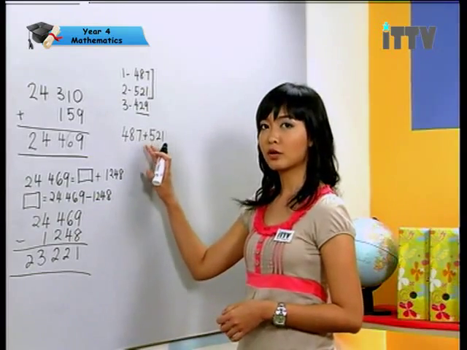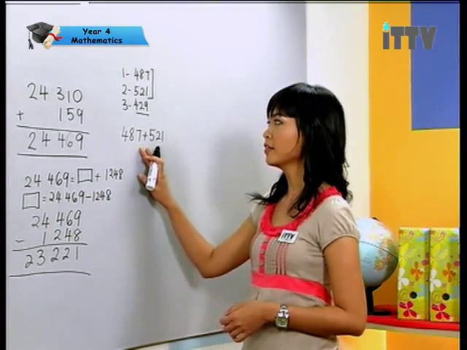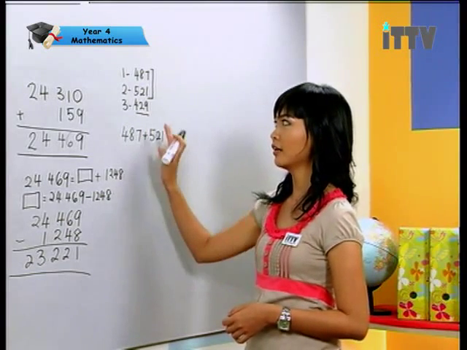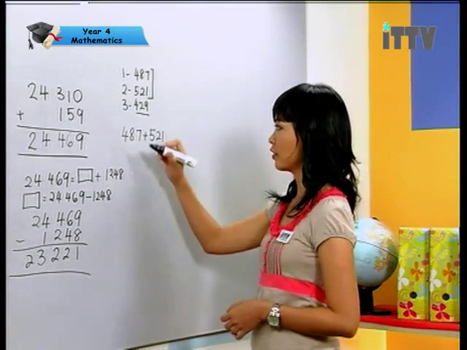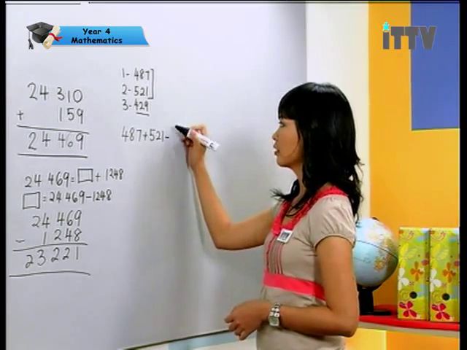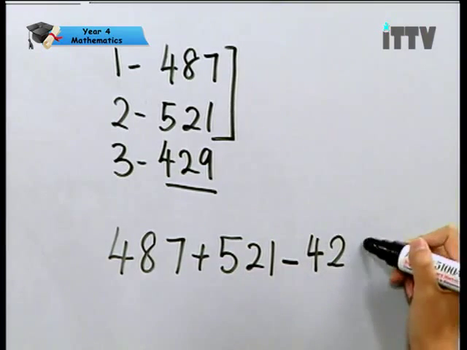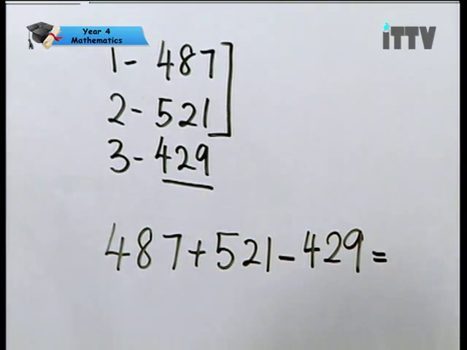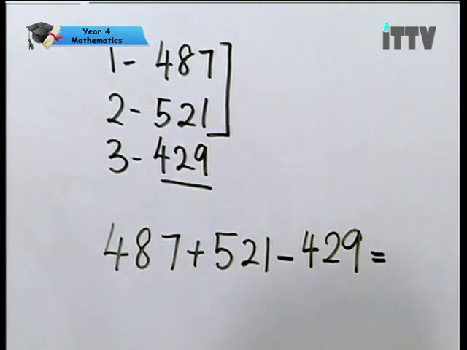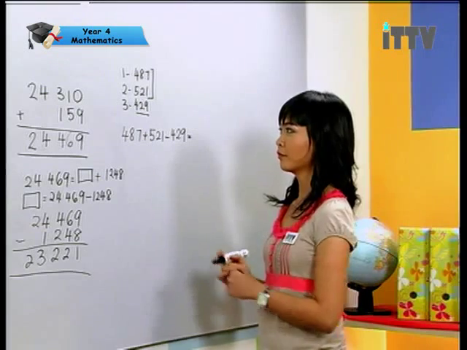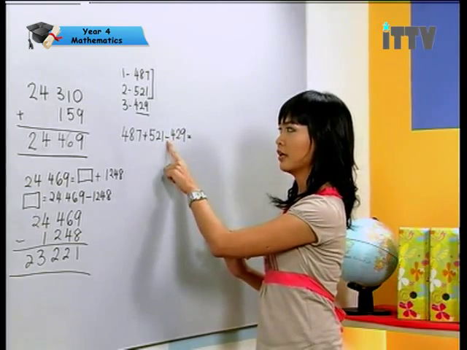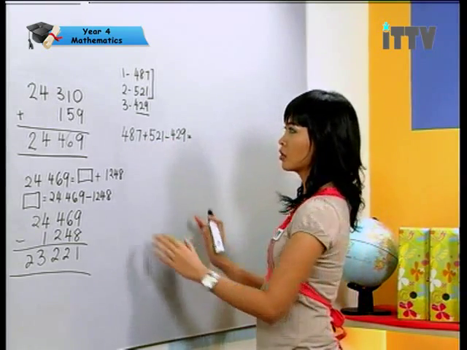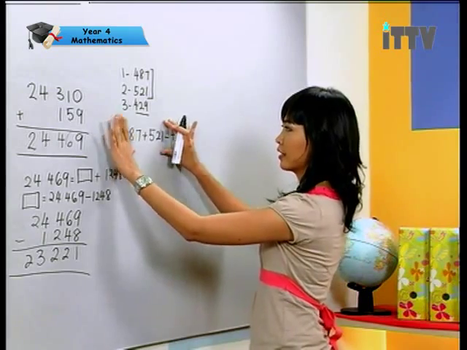Once I've gotten the total, I will then find the difference between this total and the number of customers for the third day. Once I've gotten this one, I must find the difference, which is to subtract. Remember, finding the difference is subtraction. So, 3 numbers here with 2 operations, addition and subtraction. So we will solve this part first.